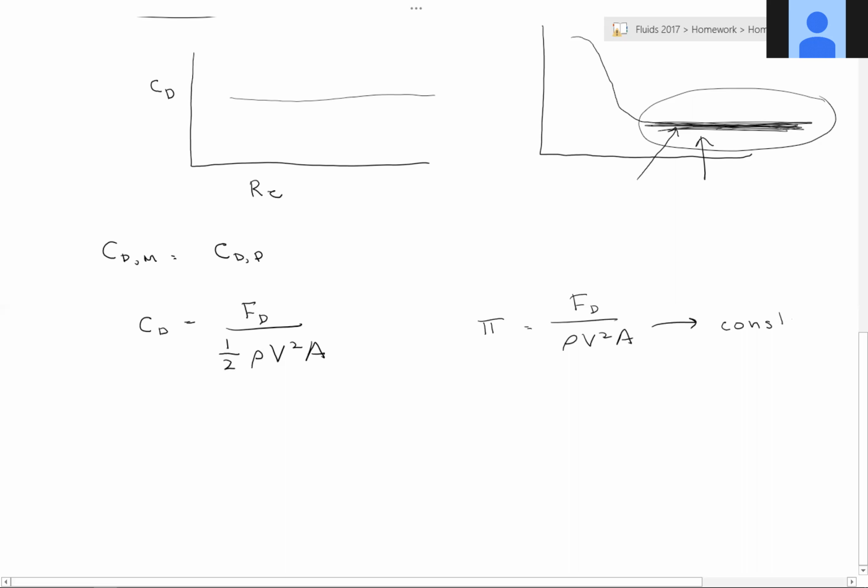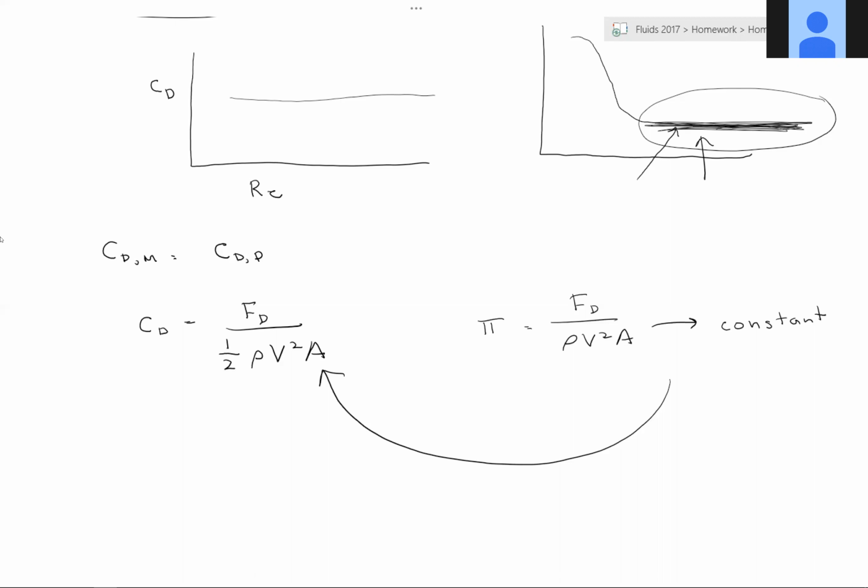And if you notice, it's only a constant at a certain Reynolds number, and from that, we find what the constant is, okay? That's done by experiments that we aren't going to do. But that's what the equation for it is.